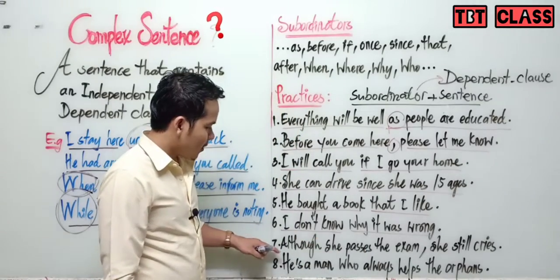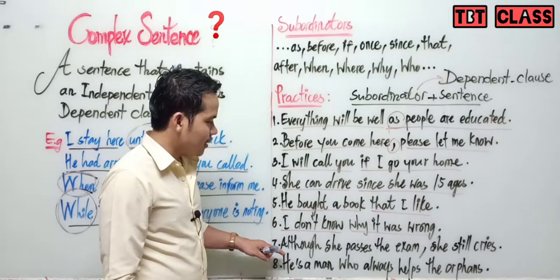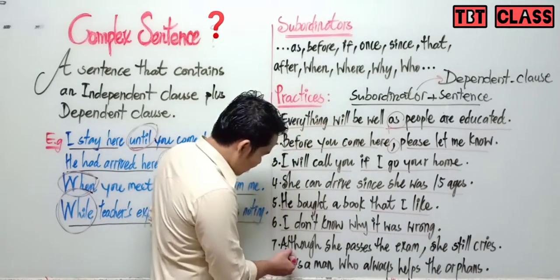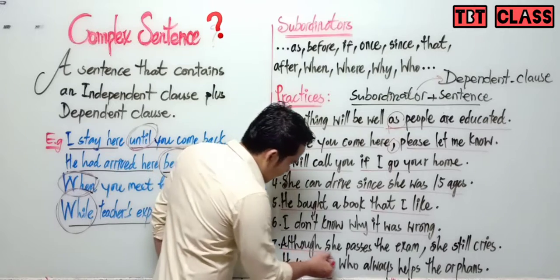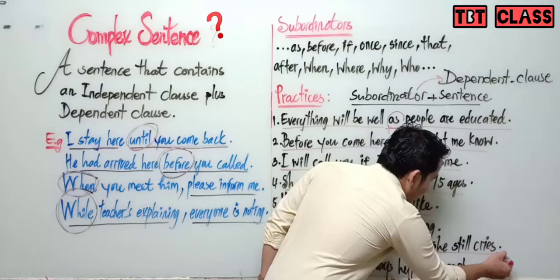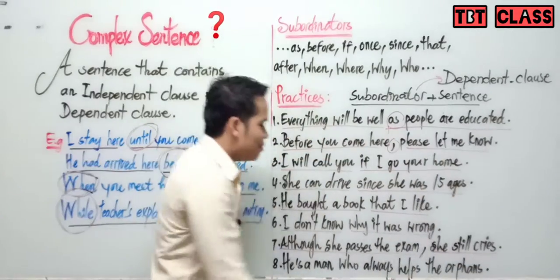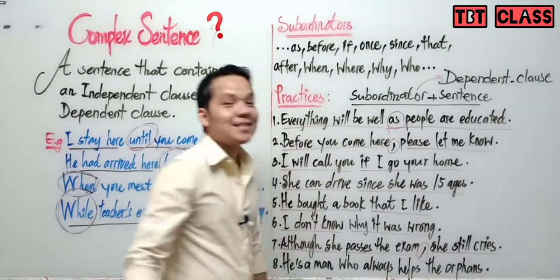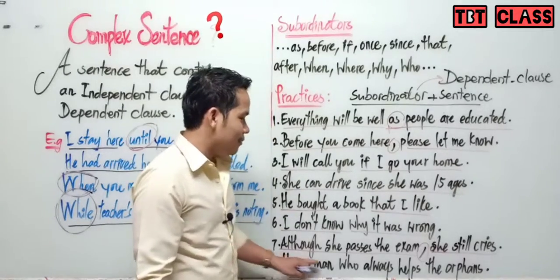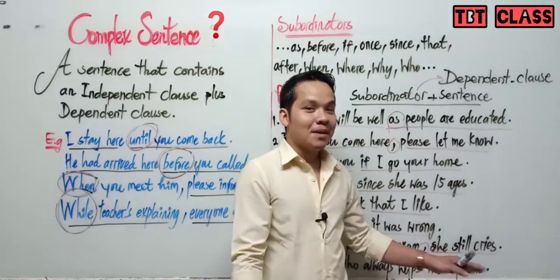Number 7: Although she passed the exam, she still cries. We use the dependent clause at first, the independent clause at the last, and we use a comma. As I told you, when we use the dependent clause at the beginning, we use a comma before the independent clause.